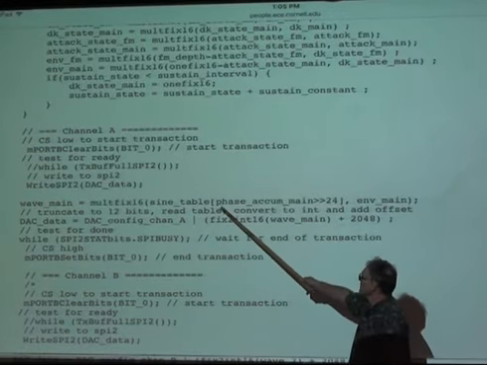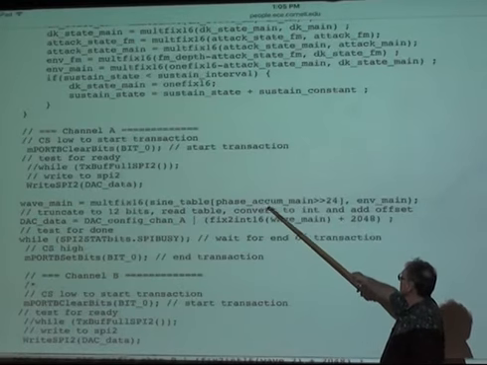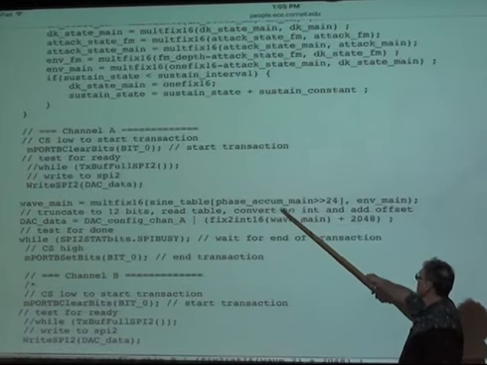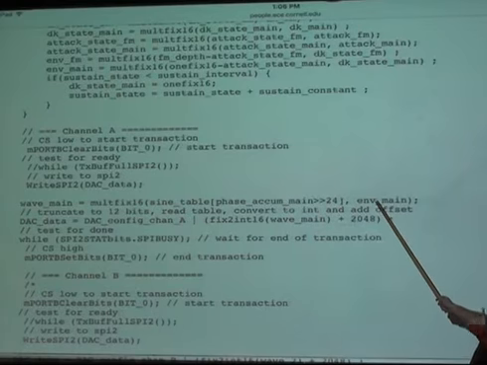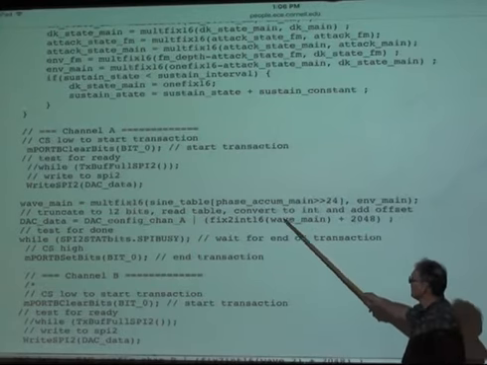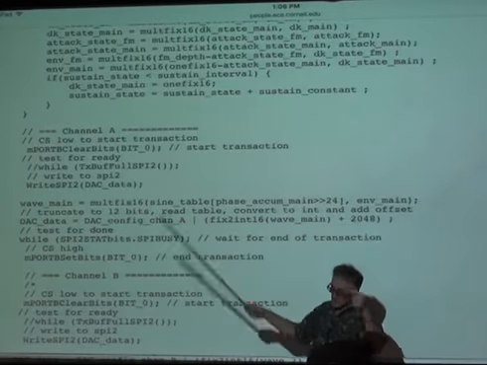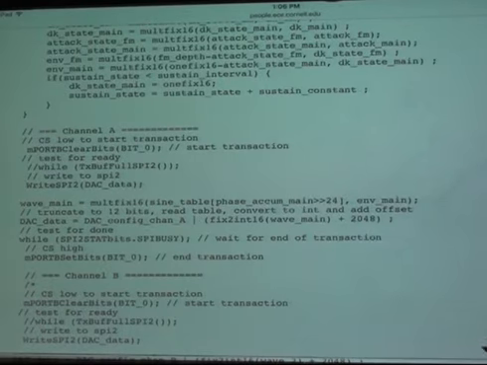So I did a multiply during the DAC write of taking the main sine table, multiplying it by the envelope, and then putting it into DAC data for the next loop through the code. So the synthesis is extremely easy.